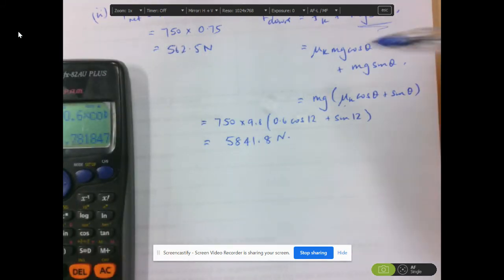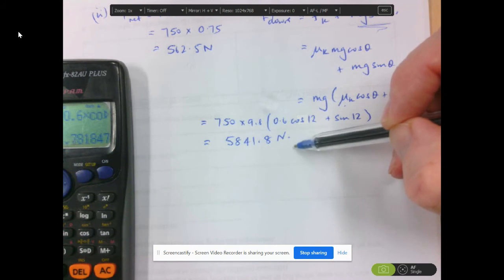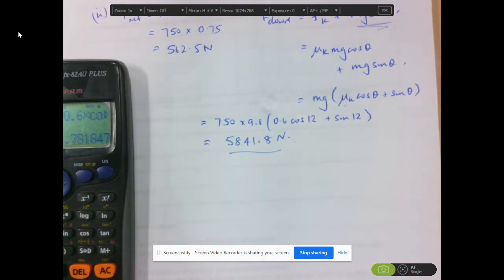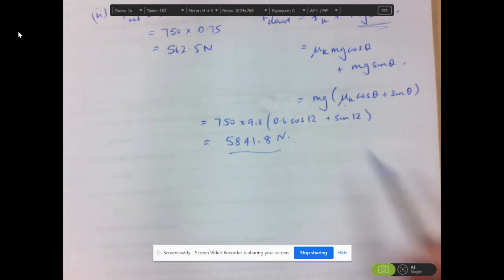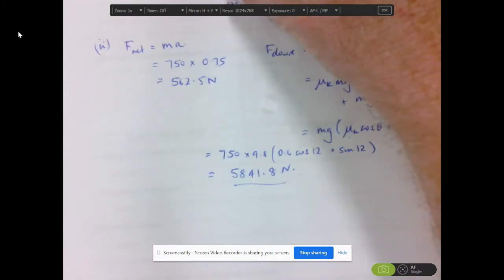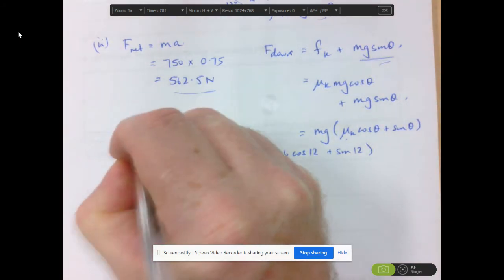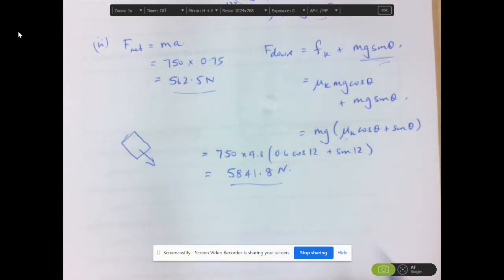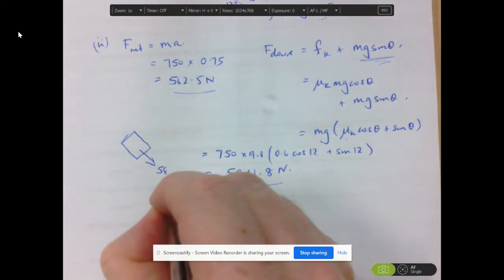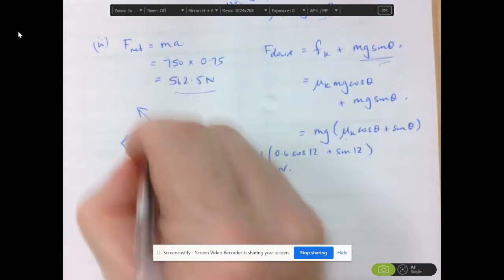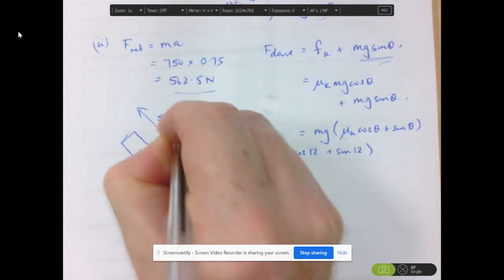Okay. So we have a force going down the plane of this many newtons. We need a net force up the plane of this many newtons. So how much does the engine need to push? We've got going down the plane 5841.8, and we need an overall of 562.5 newtons.